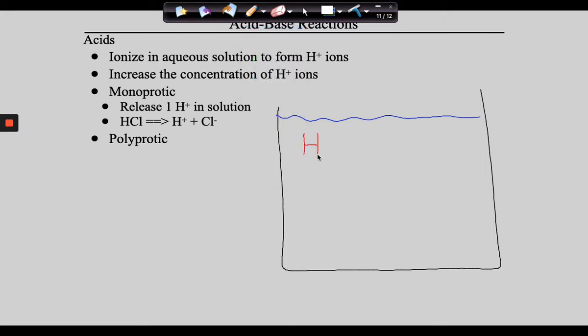Write down sulfuric acid, H2SO4, and then please write down the balanced equation that represents 1 of those hydrogens coming off. I will be very, very surprised if any of you get this completely right.